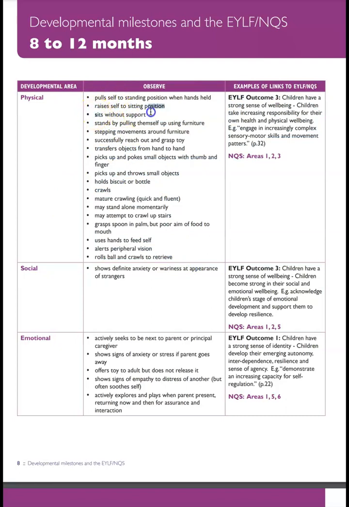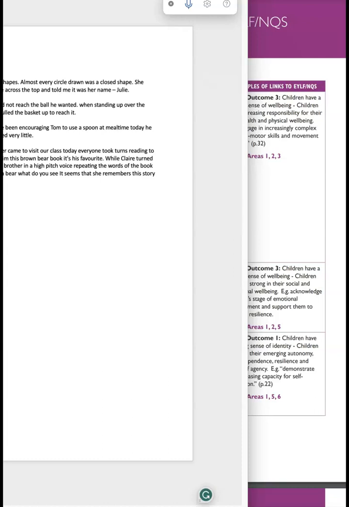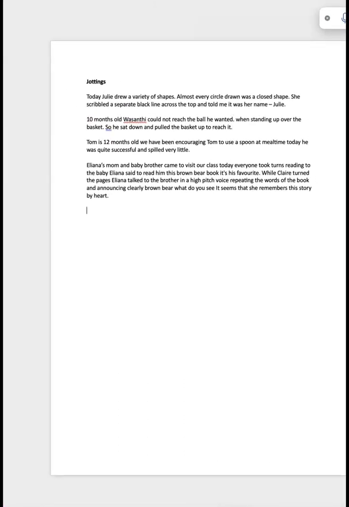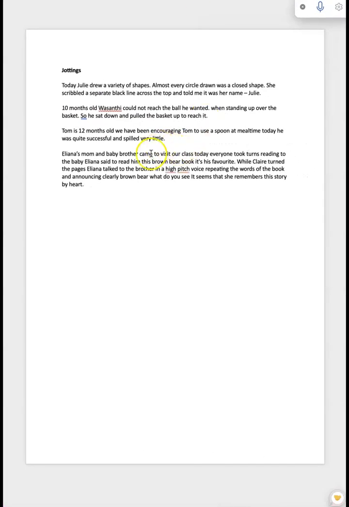They might start sitting without support. They might stand by pulling themselves up using furniture. These are the words you can use in your observations. But I'm going to show you the observations that are jottings. Yeah, and we can look at them and see if we can link them to our developmental milestones.